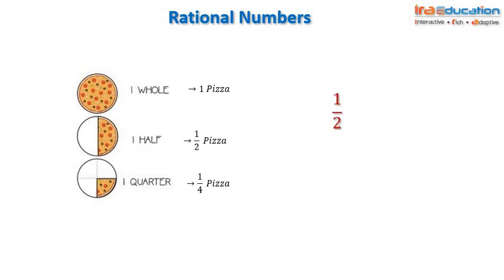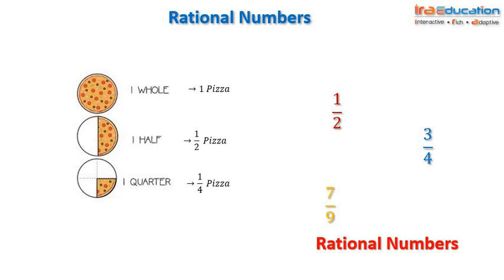That means 1/2, 3/4, 7/9 are all rational numbers, because they can be expressed as fractions with integers as their numerator and denominator. Rational numbers are used in many different areas of mathematics, including algebra, geometry, and statistics.